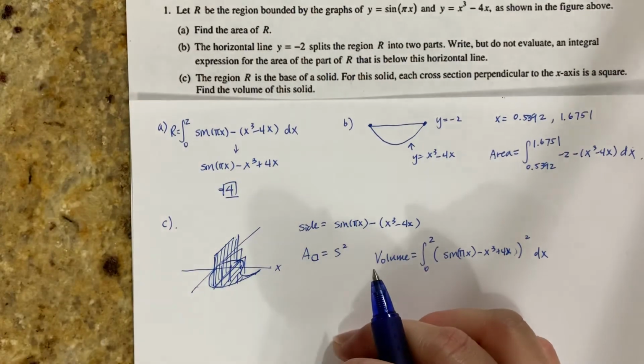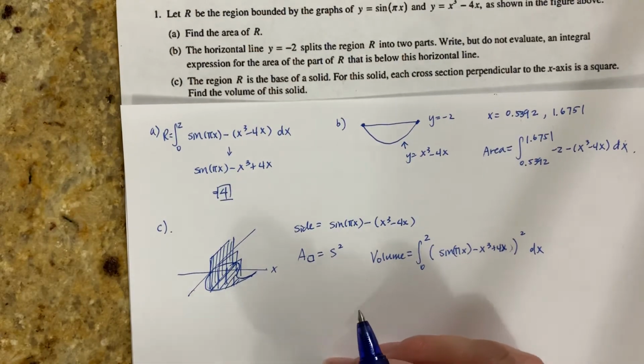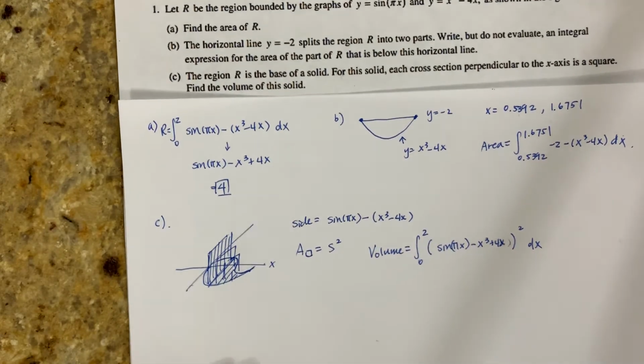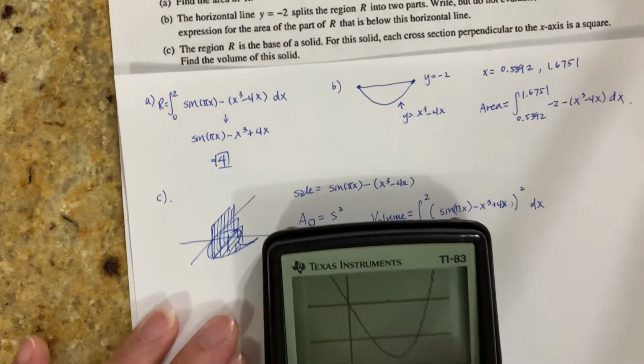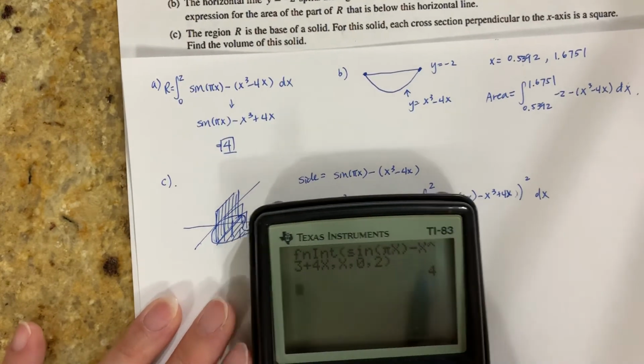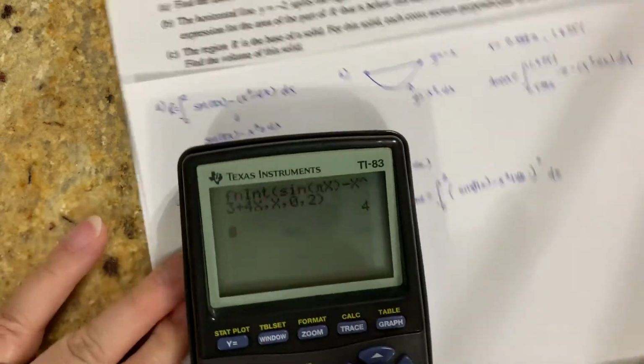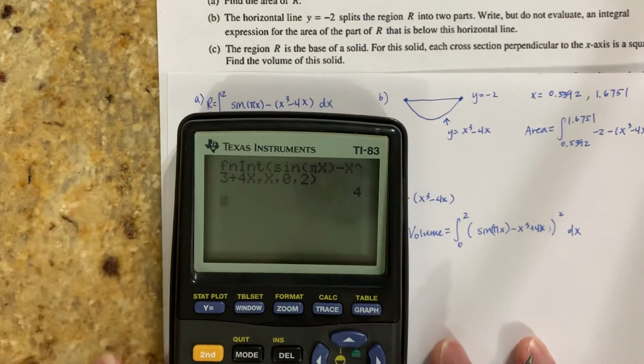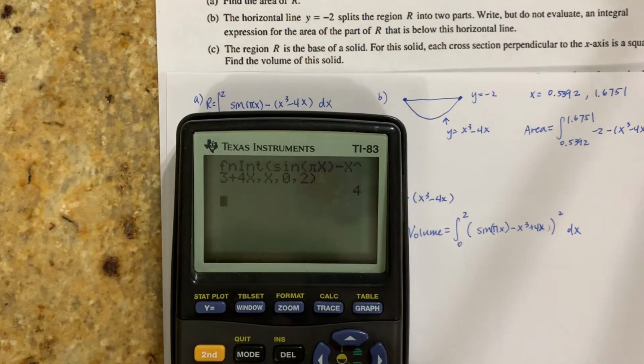Now, you can go ahead and put this in the calculator again. I think what we had before didn't have the square, so it's going to require a little bit more parentheses. So let's go to math 9, parentheses.